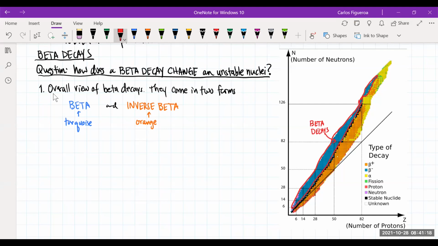And if you look at the orange one, it's a little bit more complicated. The vast majority of these are occurring below the black line of stability. And then there's an isolated region up here.